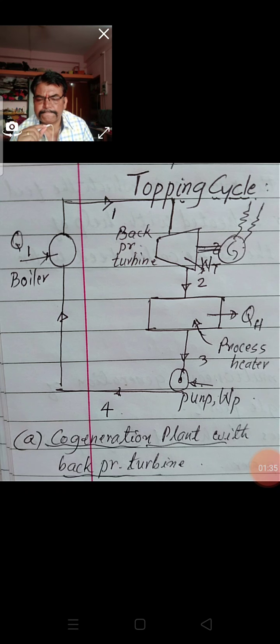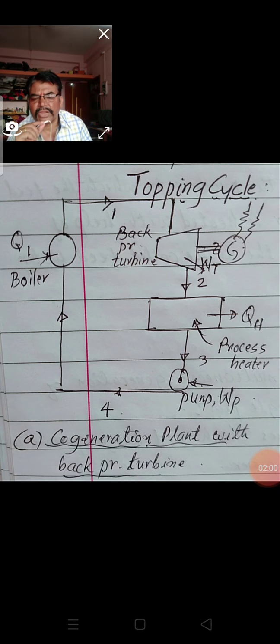So how does the topping cycle work? In this cycle, primary heat at the higher temperature end of the Rankine cycle is used to generate high pressure, high temperature steam and electricity in the usual manner.